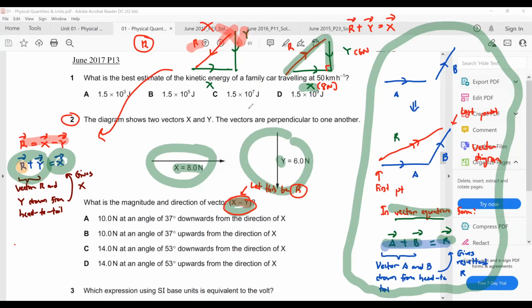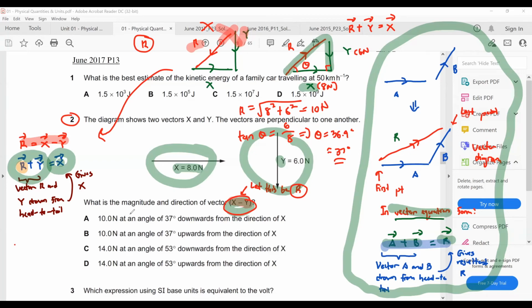You can say that R is the square root of 8 squared plus 6 squared, giving you 10 Newton. And then your angle would be this one. So you will say tangent theta is 6 over 8, giving you an angle of 36.9, which rounds to 37 degrees.